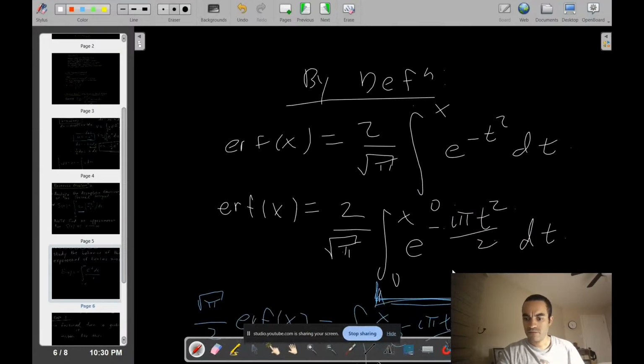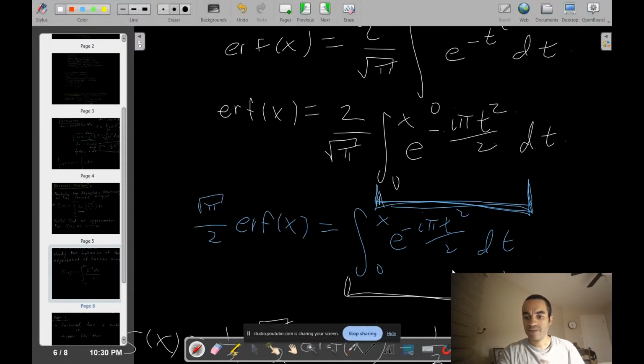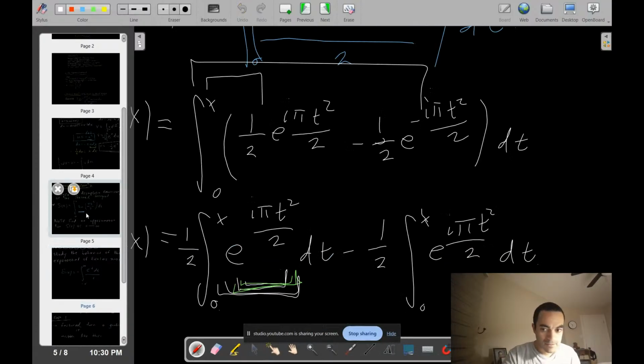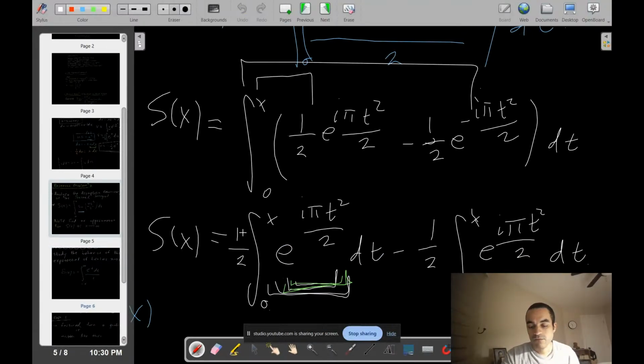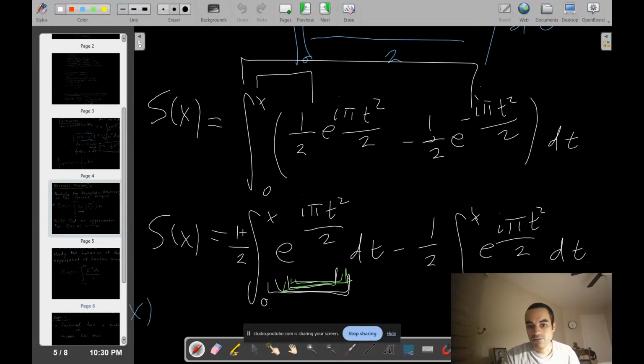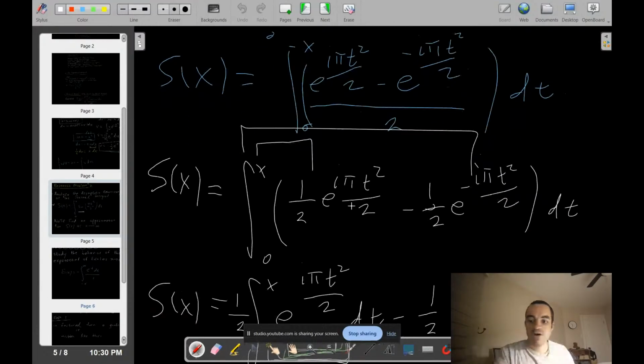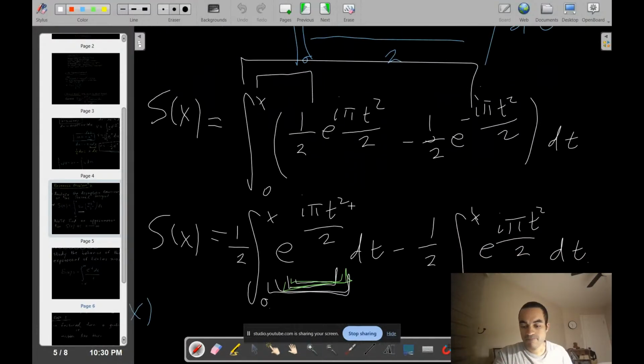Let me keep track here. One was positive, one was negative. Oh yeah, that's right. So this is negative e to the negative i pi t squared. So by definition of the error function, that's going to be for the second one.